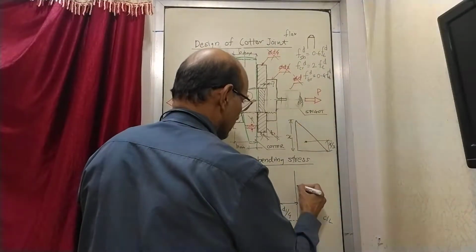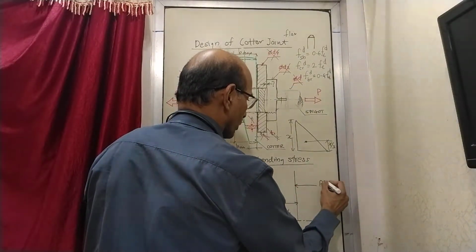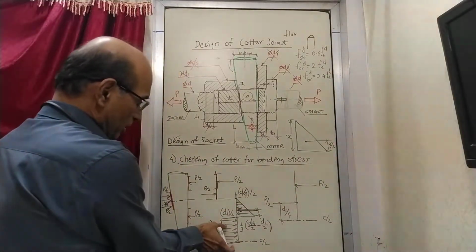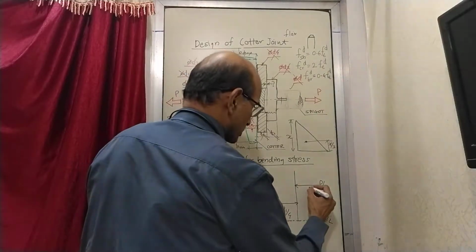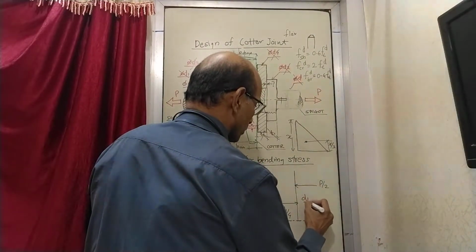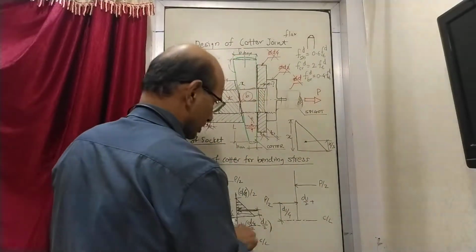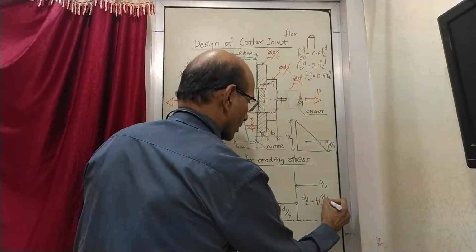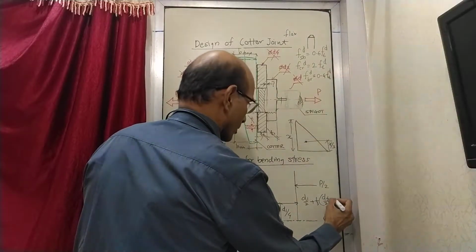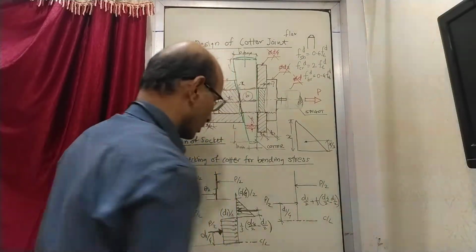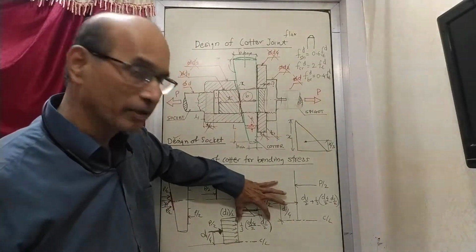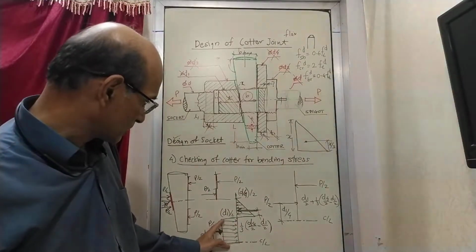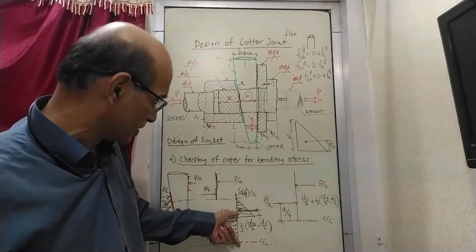And on this side, this is the other P by 2 acting at what distance? This plus d1 by 2. So the distance from here to here is d1 by 2 plus this 1/3 of d4 by 2 minus d1 by 2, plus this distance, because this and this is the total distance.